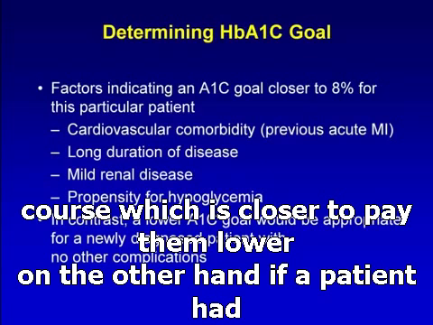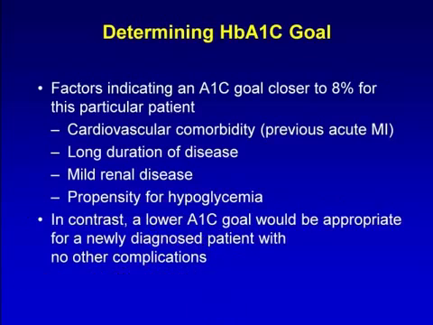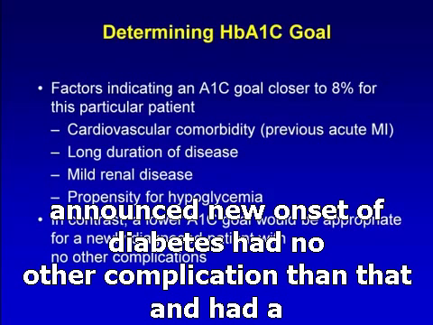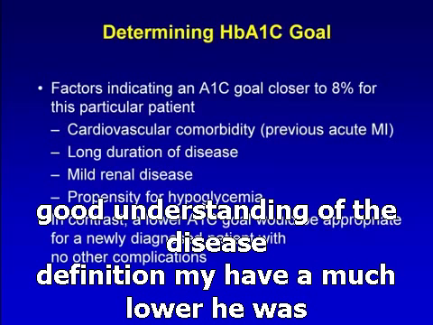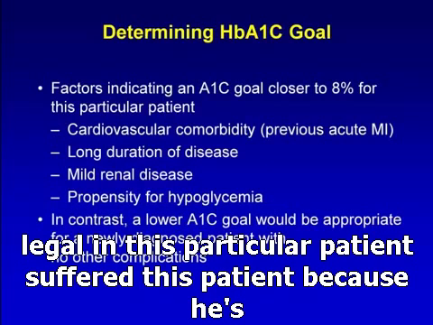On the other hand, if a patient had a new onset of diabetes, had no other complications, and had a good understanding of the disease, that patient might have a much lower A1C goal than this particular patient.